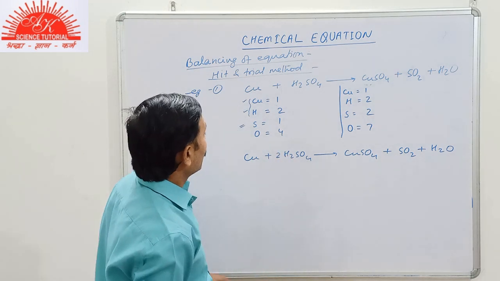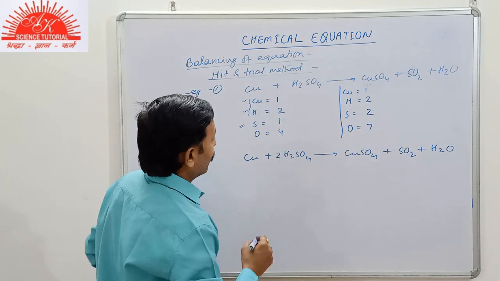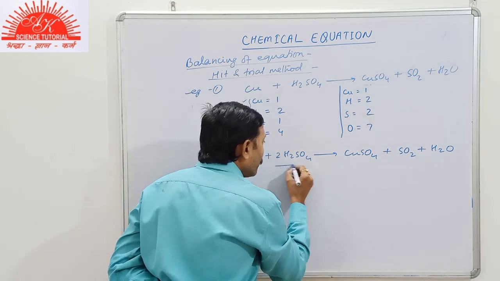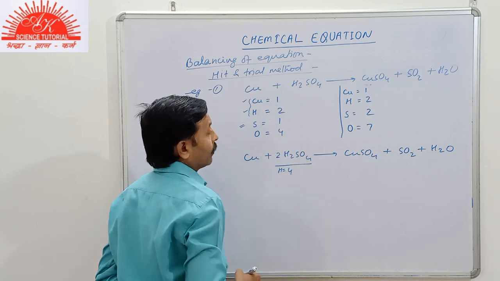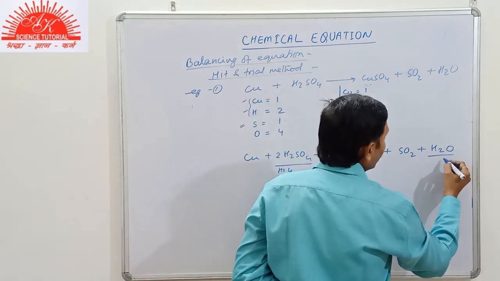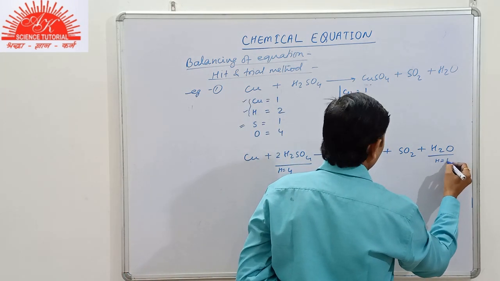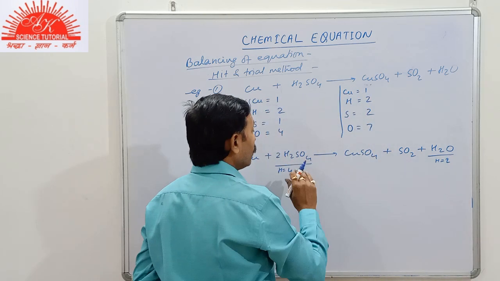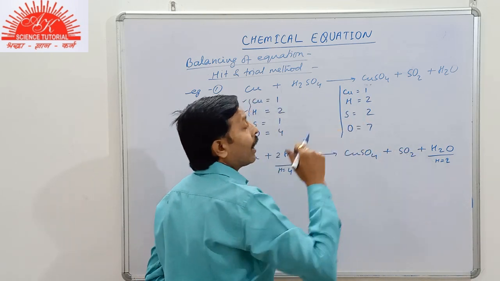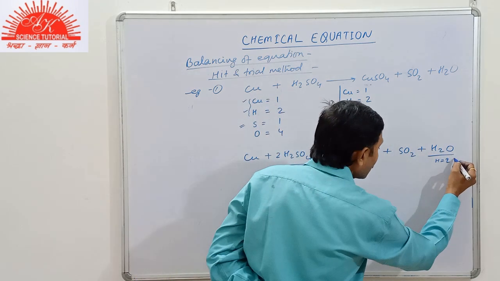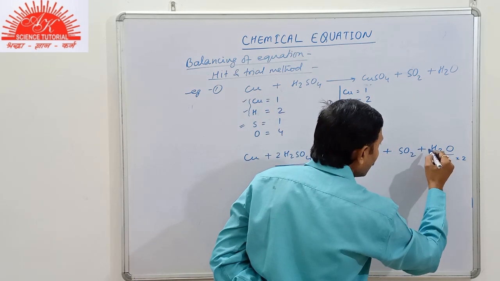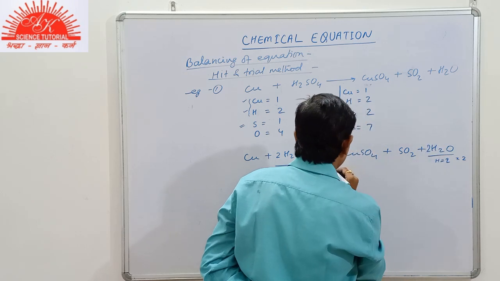Now you see, come to the other part. The number of atoms of hydrogen on this side will be 4, but on this side there are only 2. So now balance the number of hydrogen atoms again. You can place a 2 here.